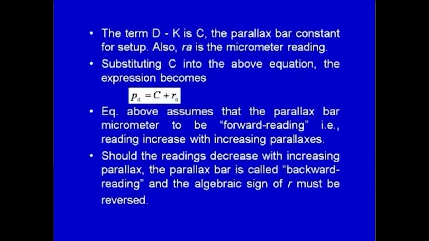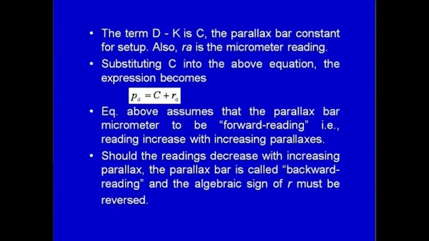where R A is the micrometer reading and the term D minus k is C, that is the parallax bar constant for this setup. Substituting C in the above equation, the expression becomes P A is equal to C plus R A. The equation above assumes the parallax bar micrometer to be a forward reading, that is, reading increases with increasing parallax.